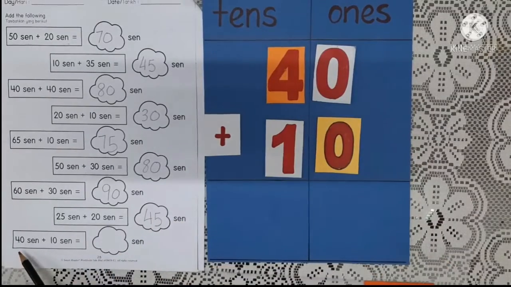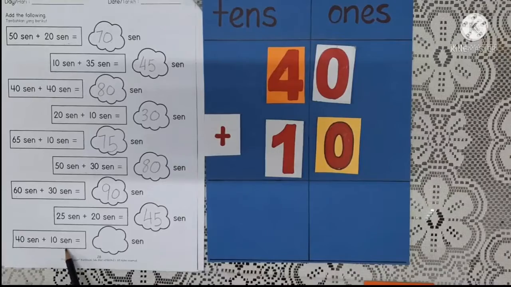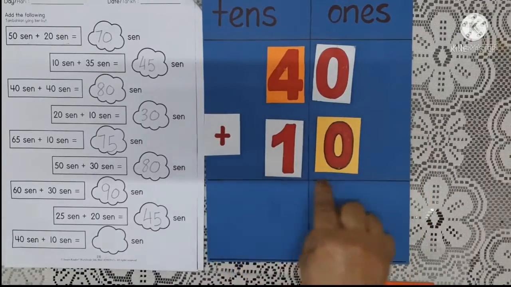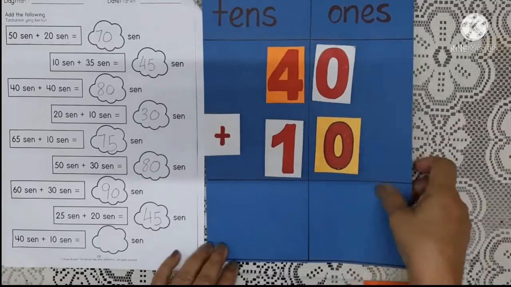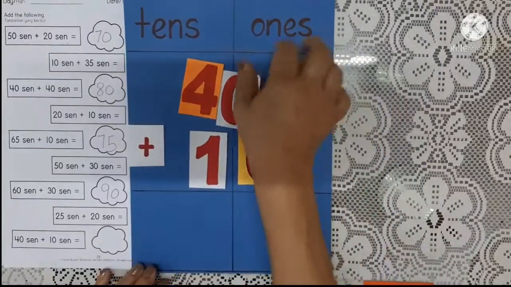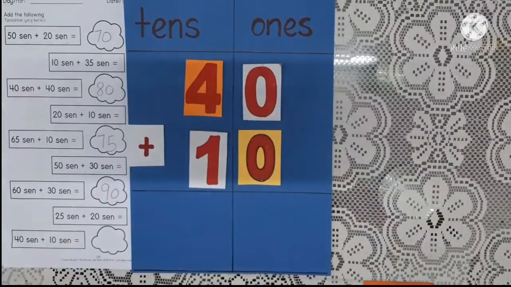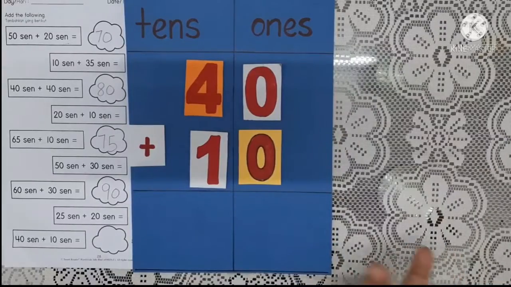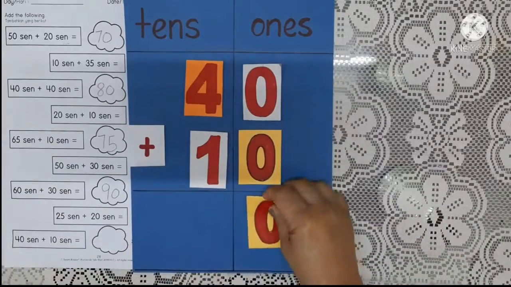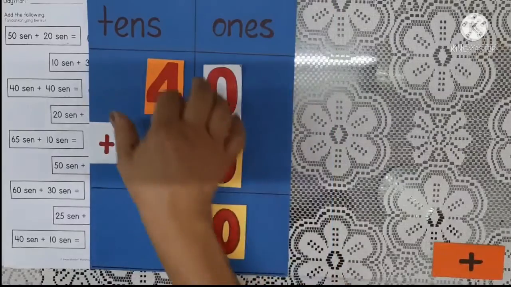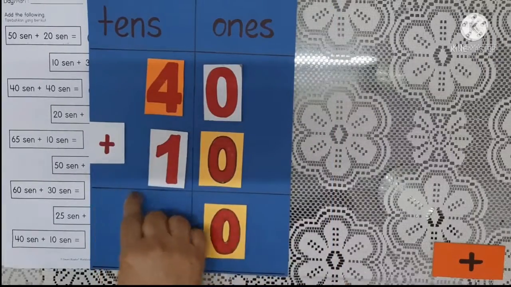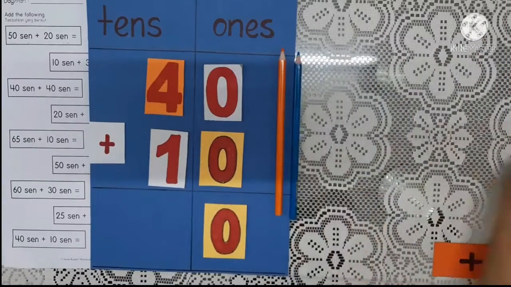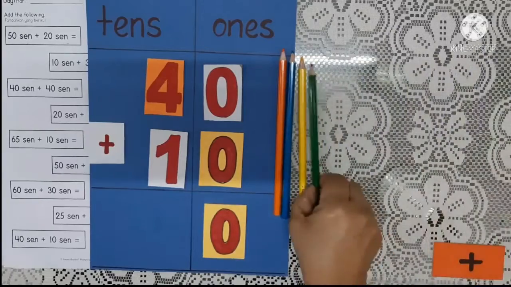The next question. 40 cents plus 10 cents. Now 40 plus 10. Let's do the ones column first. 0 plus 0 is 0 because we don't have to add anything. Now let's go to the tens column. 4 plus 1. Now let's take 4 pencils. 1, 2, 3, 4.